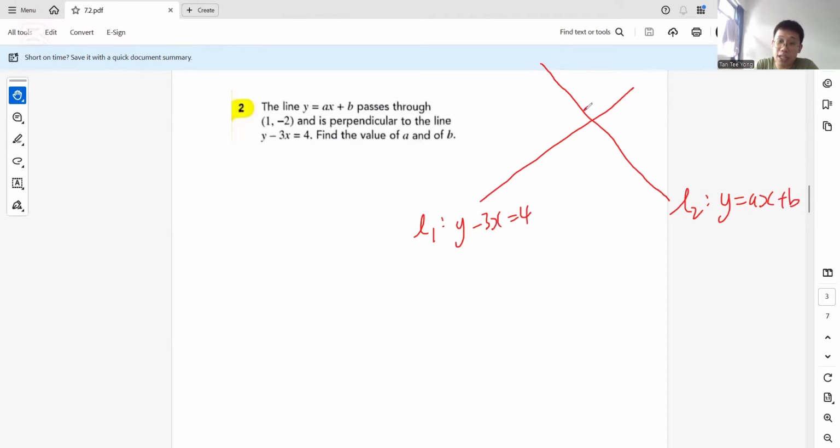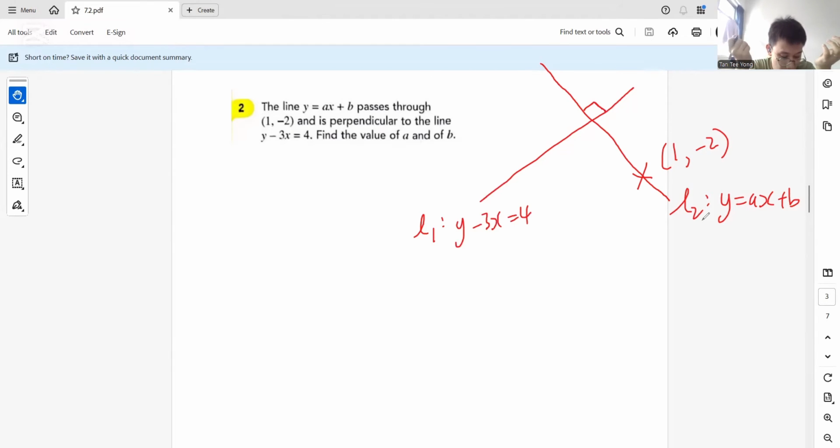They say that these two lines are perpendicular, and this L2 line also cuts through the point (1, -2). It's just a random point that I drew along the line. I do not know where it is, but I know for sure this line cuts through this point, as per the question.